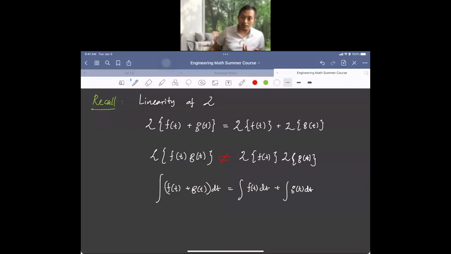Laplace is a type of improper integral, so when we use it, we can change some differential equations into algebraic ones. Then we can solve by rearrangement, and then we can take the inverse and put back the functions as they are.